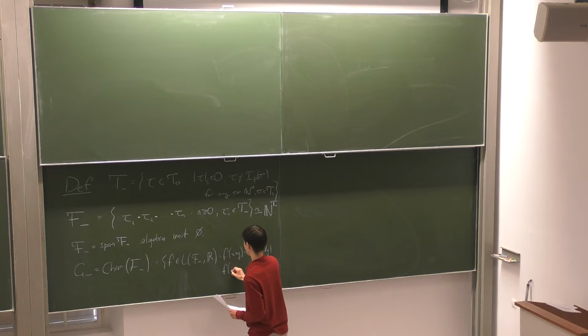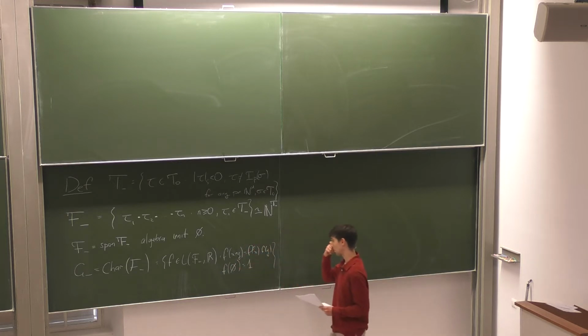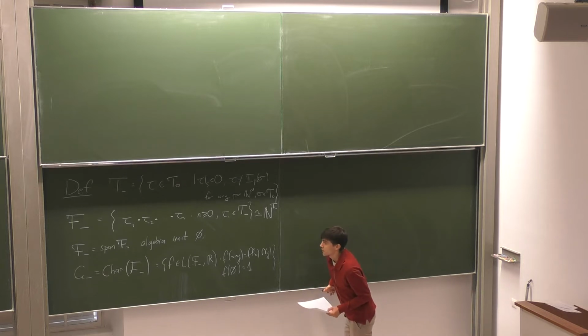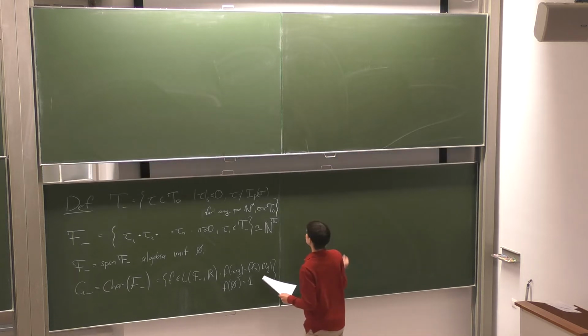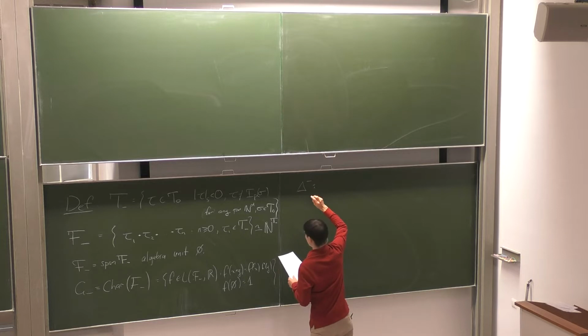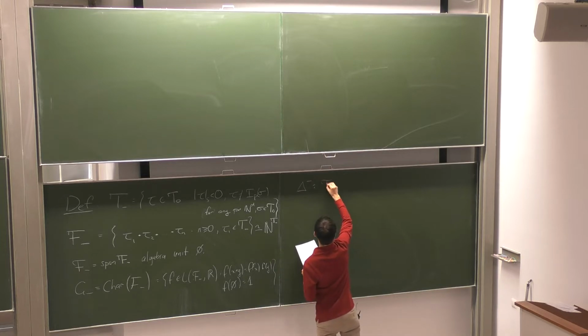And f of the empty set is equal to 1. Okay, so that sets up our space. Then we're going to define an associated coproduct. So we'll first define it as a comodule.